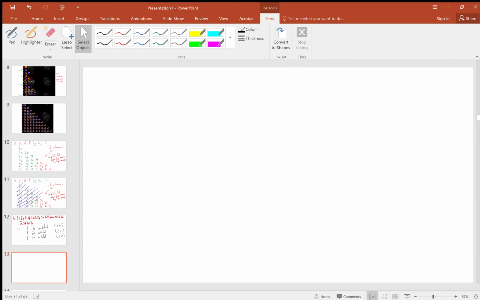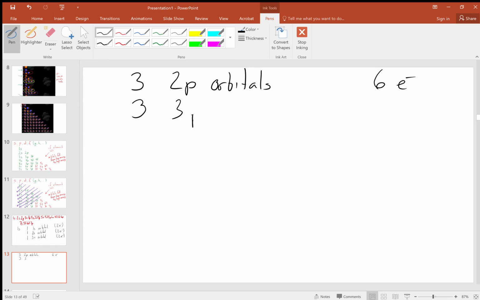So it turns out there's 3 separate 2p orbitals. Each of them can hold 2 electrons, but that means the 2p can hold 6 electrons. There's 3 3p orbitals. They can hold 6 electrons. And that will continue to be true for any of the sets of p orbitals. When we go to any of the d orbitals, such as 3d, we get 5 3d orbitals.